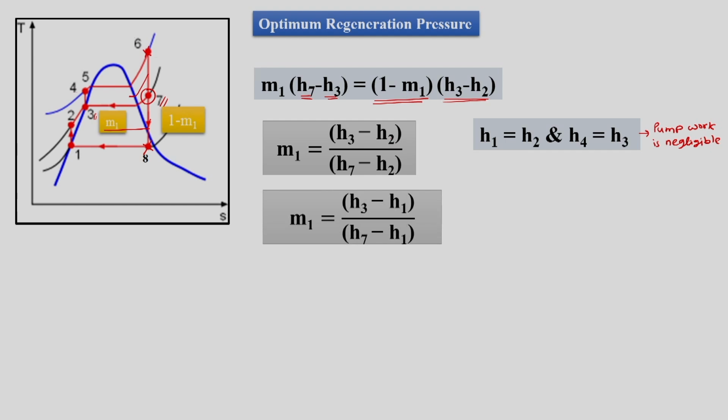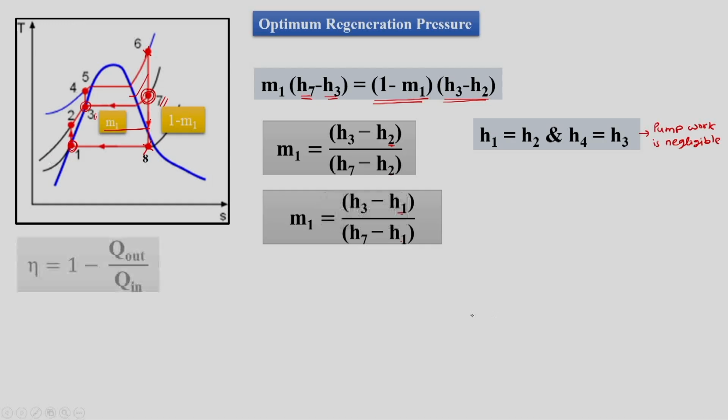Having said this, we can put this over here, and then M1 is equal to, here H2 is replaced by H1, so H3 minus H1 divided by H7 minus H1.